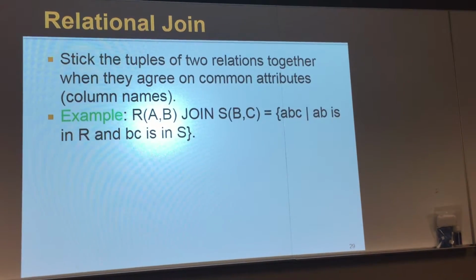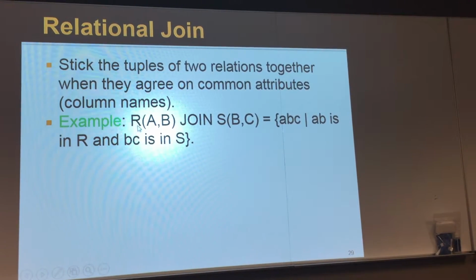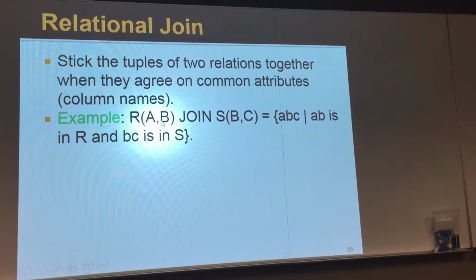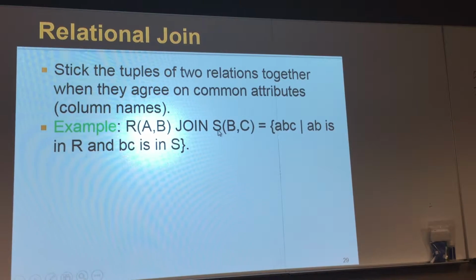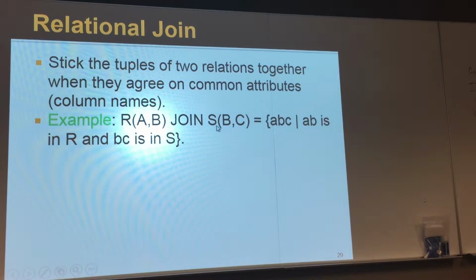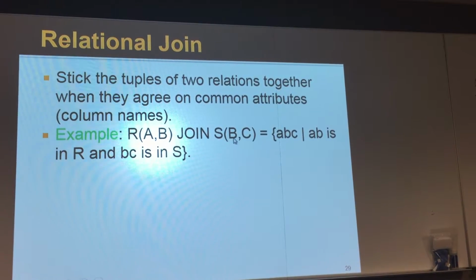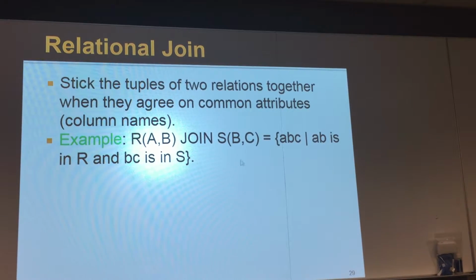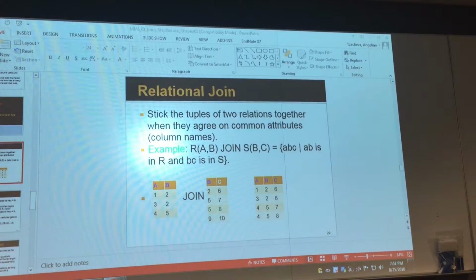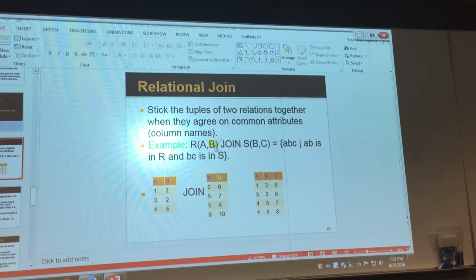So let's say we have a table, the first table is a relation R, and it has attributes A and B. We want to join it with the second table called S, and it has attributes B and C. What we can see here is that there is a common attribute.